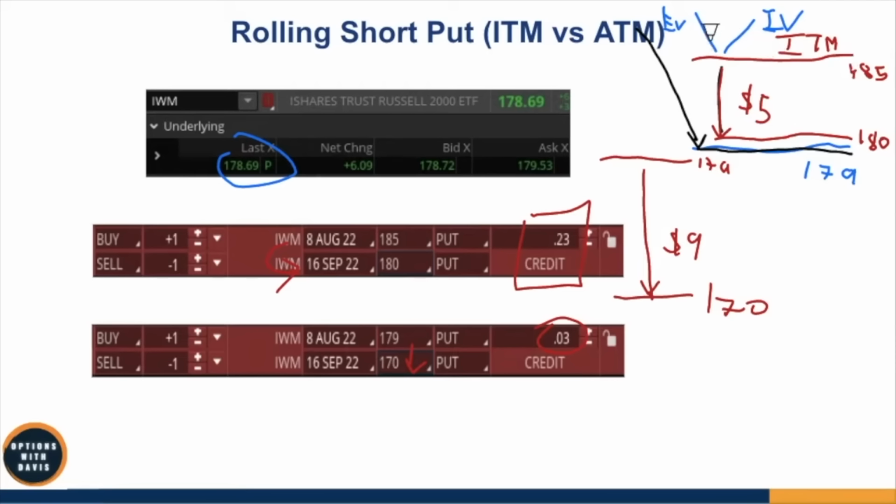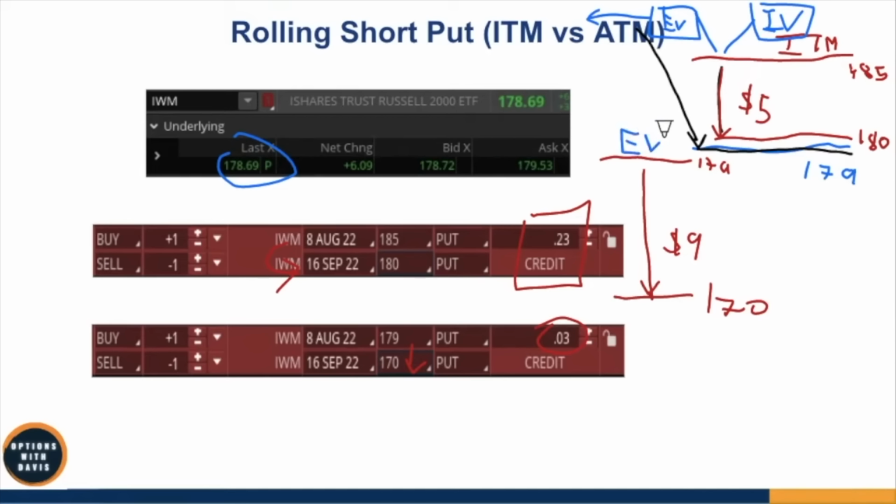So the reason you cannot roll much to a lower strike price compared to the at the money roll is because most of the value of this in the money is intrinsic value. That means we have very little extrinsic value. There's not much you can transfer to the following expiration month. Whereas for the at the money, it is 100% extrinsic value.